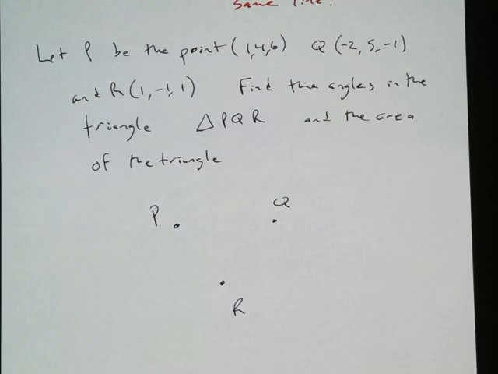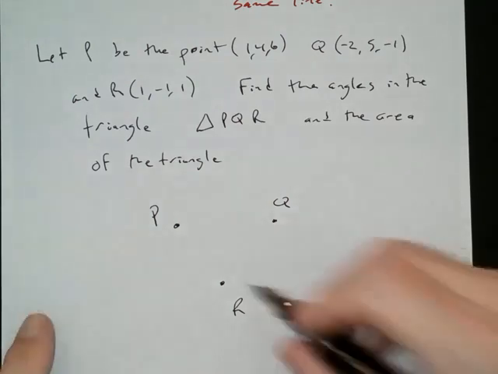This drawing is absolutely not to scale. I have no idea if these sides or angles that I've drawn are even close to right. It doesn't matter. I've got a triangle.